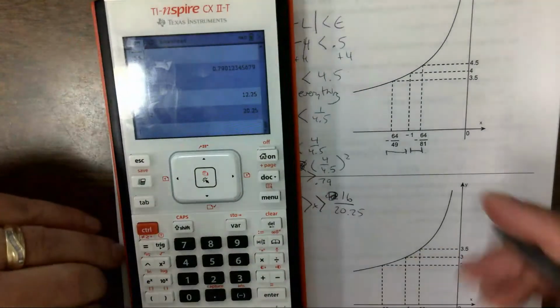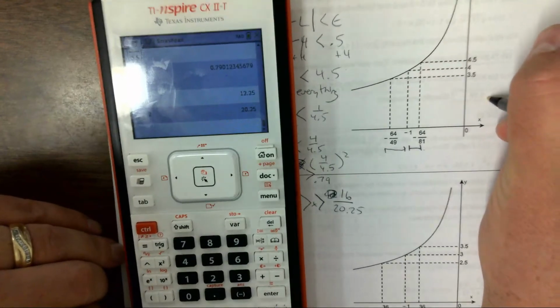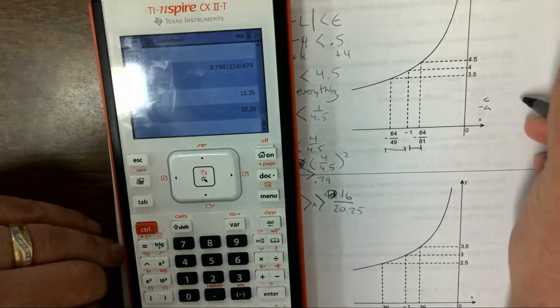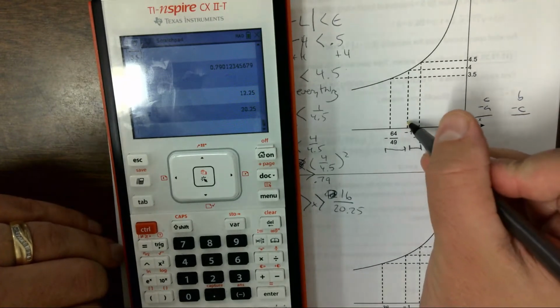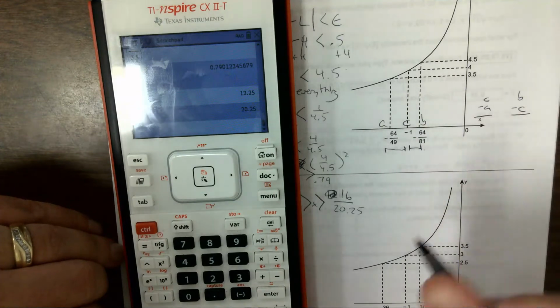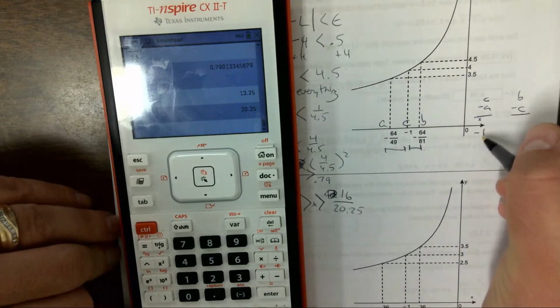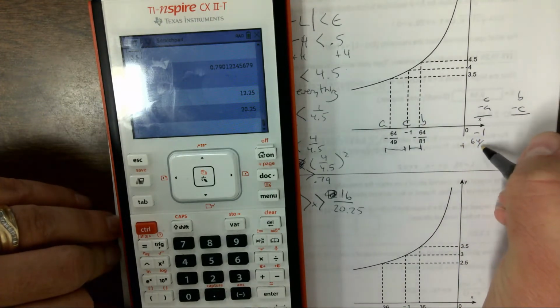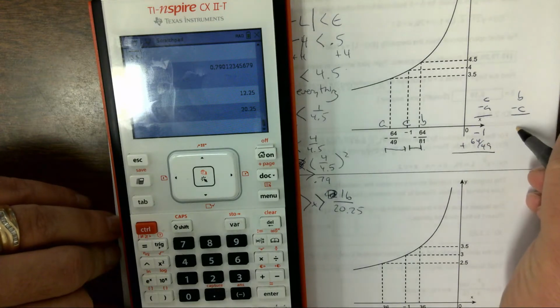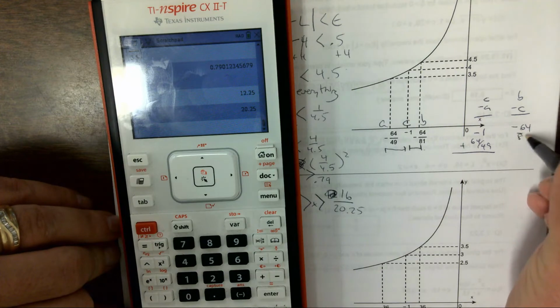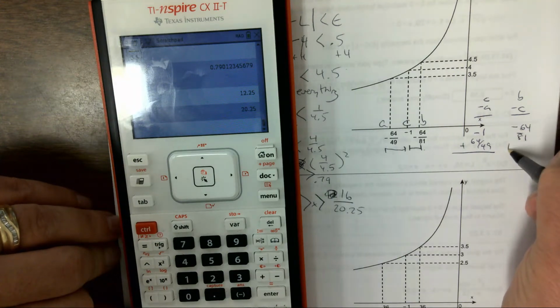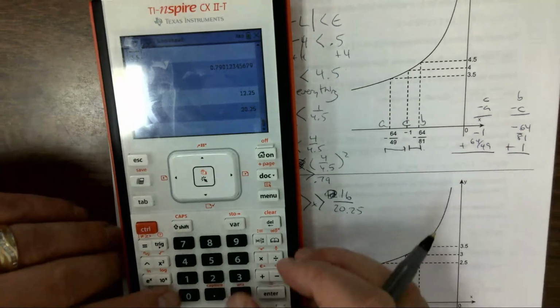So if we do C minus A, we do B minus C, what do we get? So this would be -1 plus 64 over 49. And on this one, we would get -64 over 81 minus a -1, which is +1.